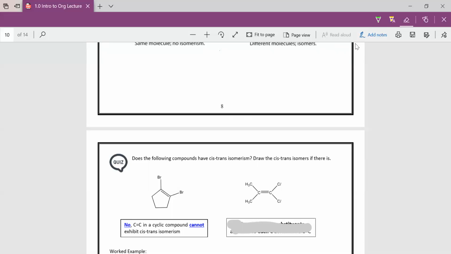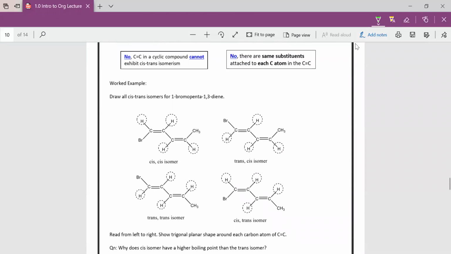You can only exhibit the cis version. If you don't believe me, go ahead and try to draw the trans version. You'll realize what I'm talking about. For this compound, no. You realize that your substituents are the same for each of the carbons. Carbon 1 and carbon 2 have the same substituent, so they don't qualify and won't exhibit cis trans isomerism.